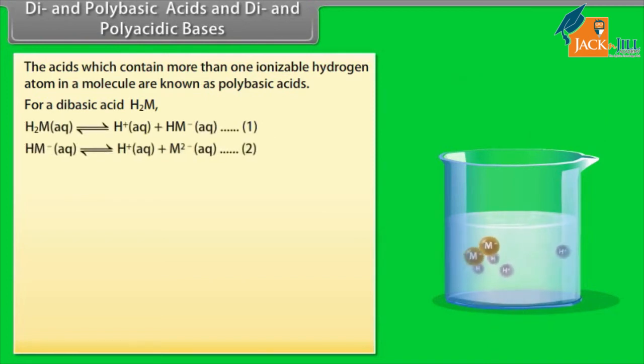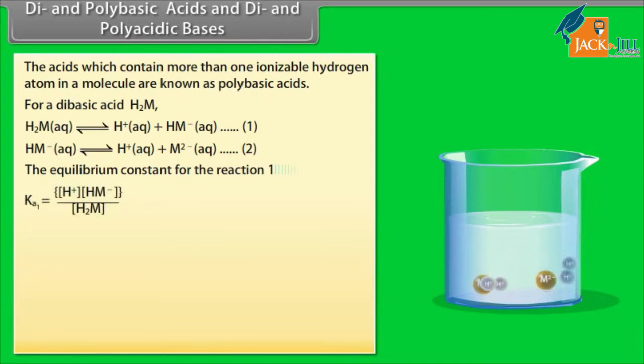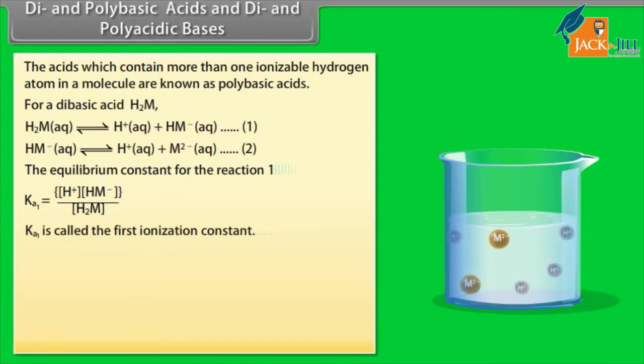Name it as reaction 2. The equilibrium constant for reaction 1, Ka1, is equal to H+ into HM- by H2M. Ka1 is called the first ionization constant.